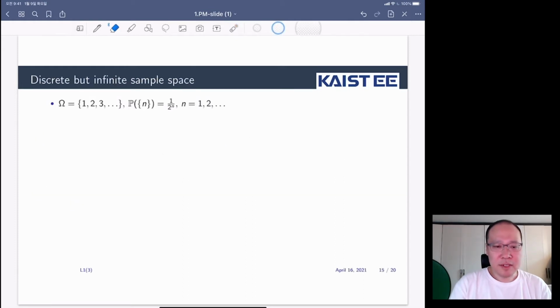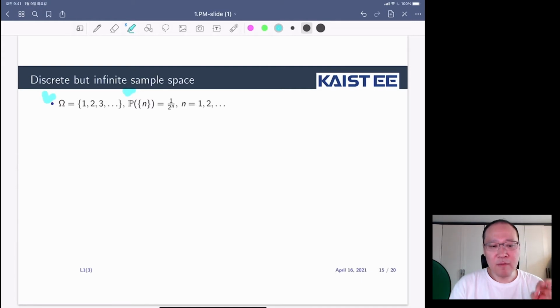So let me give you another example. The discrete case again. Here in this case, the sample space is just the natural numbers like 1, 2, 3, 4, but it's infinite. Okay, so 1, 2, 3, 4, 5, 6, and so on. And the probability law that I have, which probably somebody gave me, is that the probability of each number n is 1 over 2 to the n.